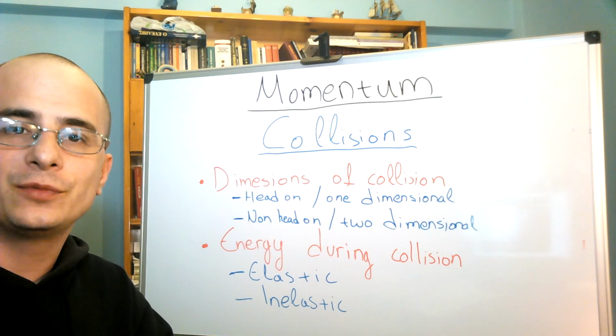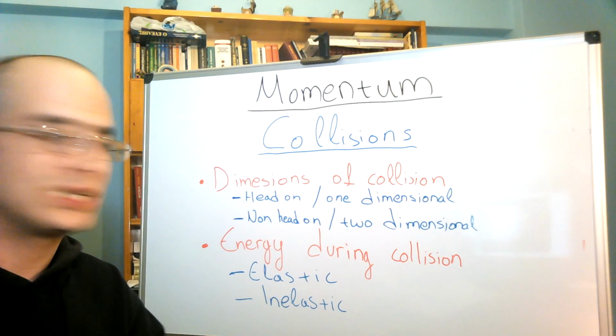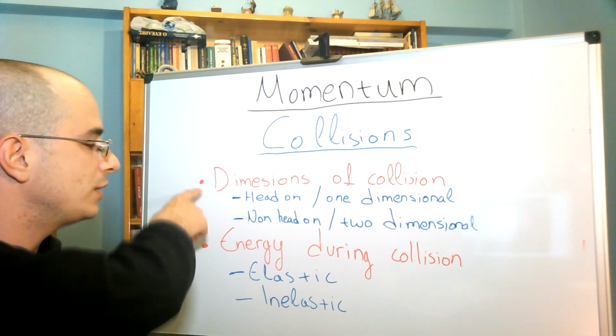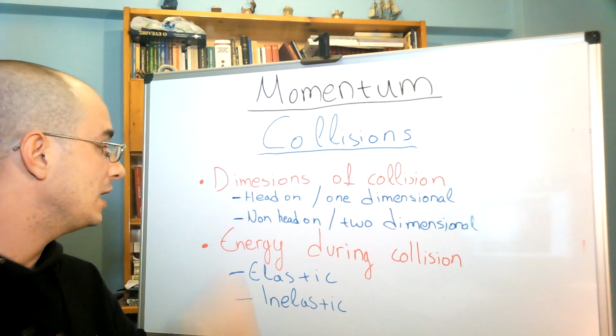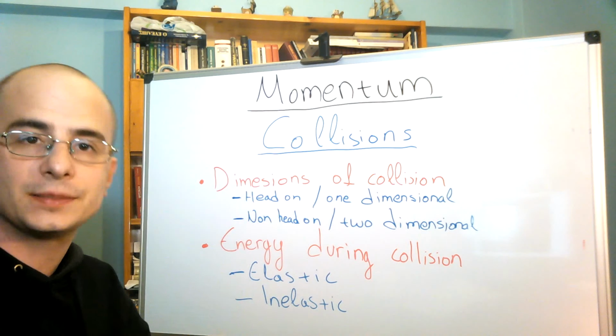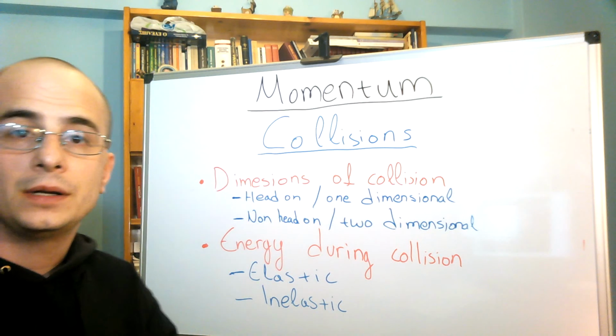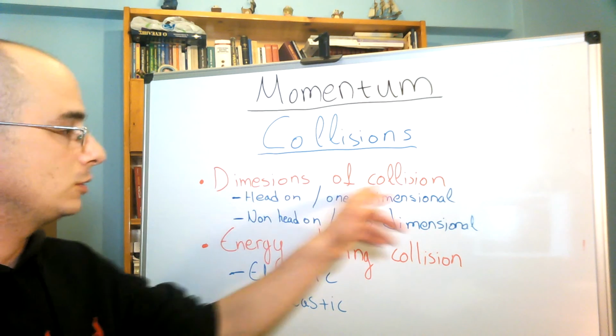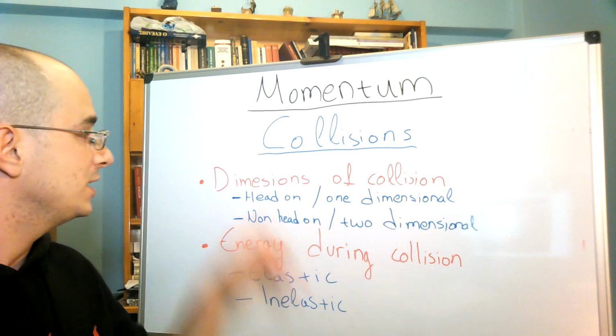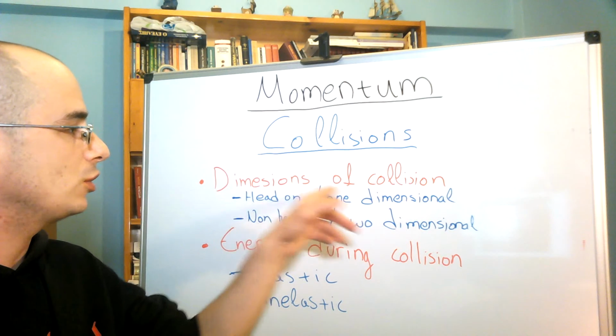Now let's move on to collisions. As you can see on the whiteboard, there are two major categories of collisions, with two subcategories each. The first category of collisions is about the dimensions of collision.